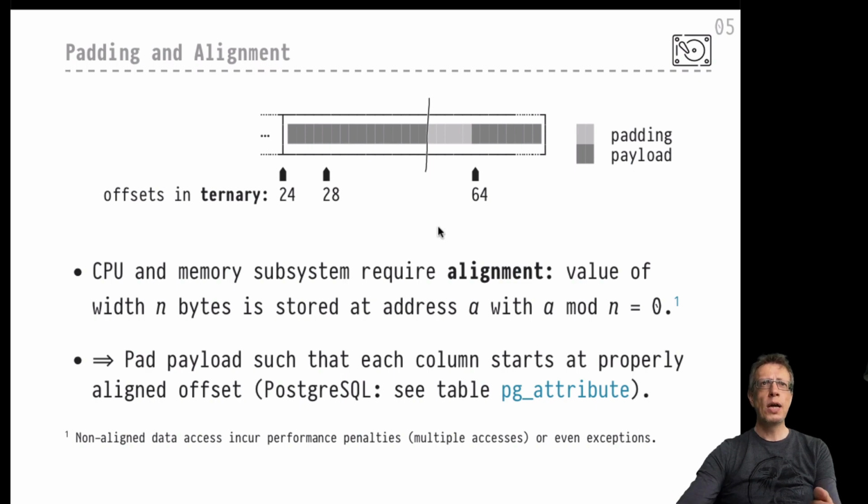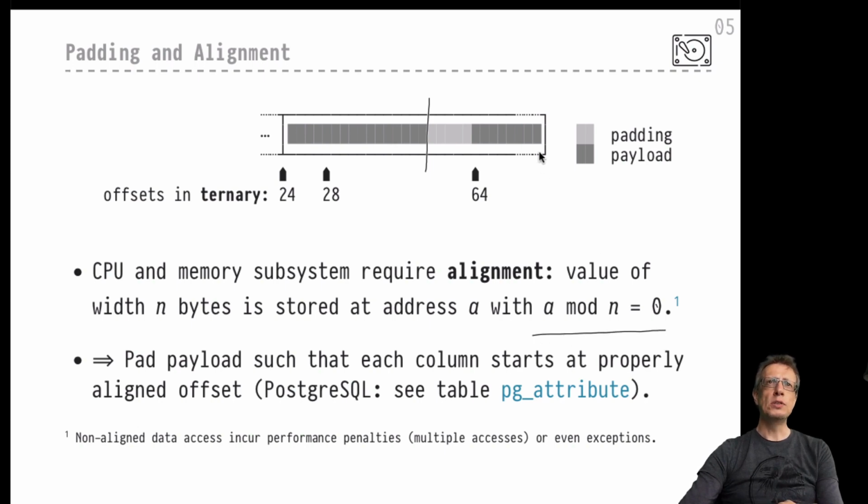So in general, an n-byte value, a value of width n bytes, for example, an 8-byte floating point value, has to be stored at an address A, which is divisible by n without remainder. So this is the requirement that we are seeing.